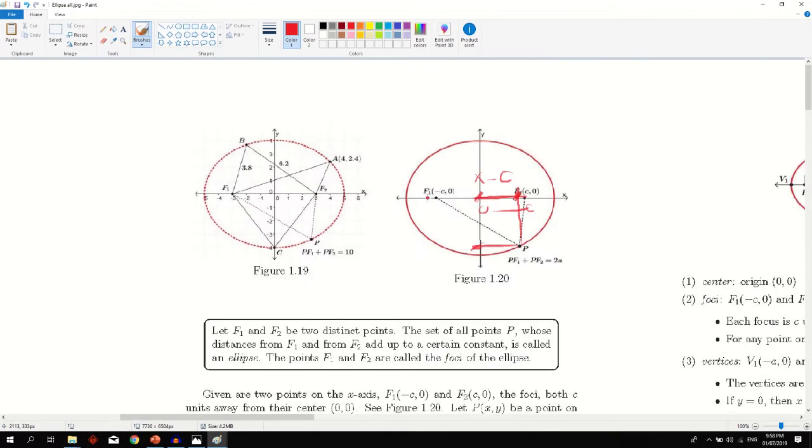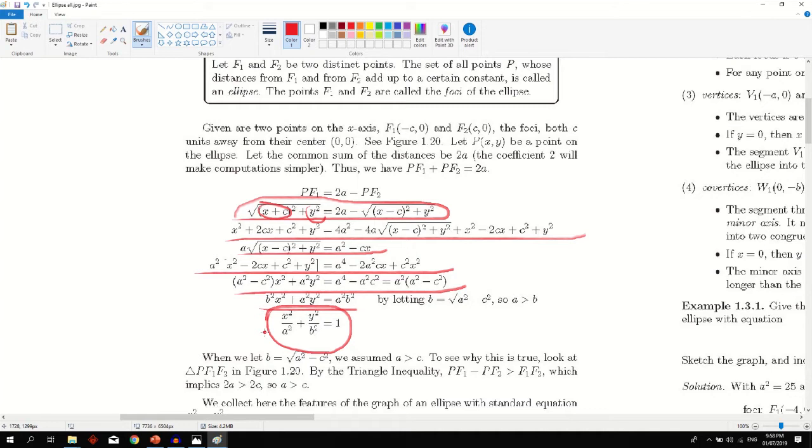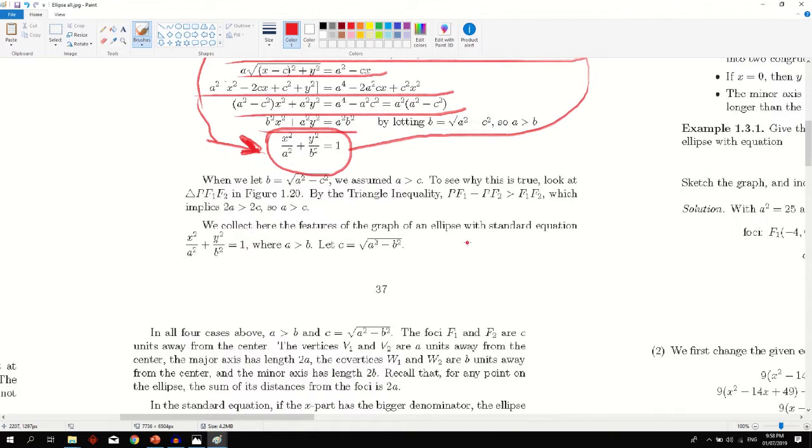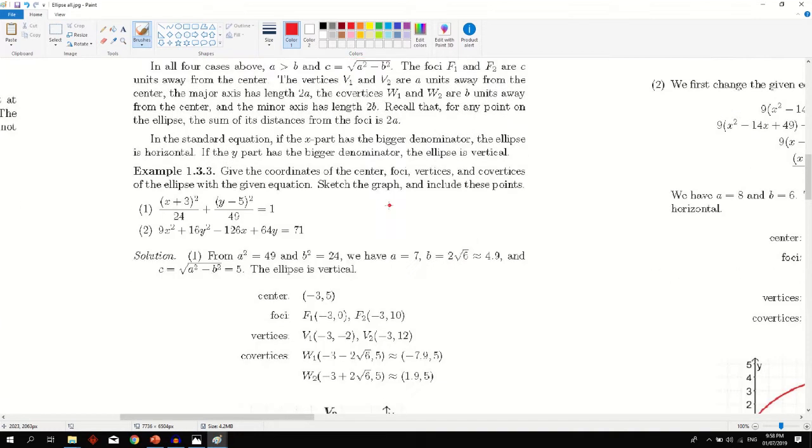So from this into this. No need to discuss further, it's already proven. It's just like how to prove that this is the standard equation of the ellipse. Okay, so the triangle inequality. There are so many theories in here. That's why I hate looking at the books.